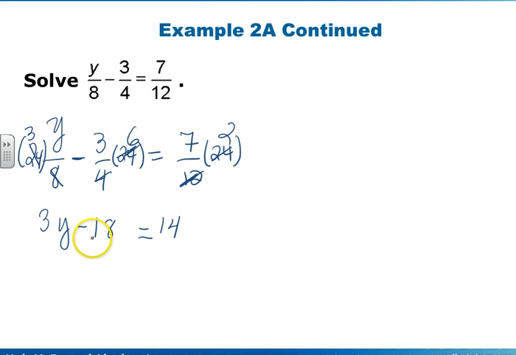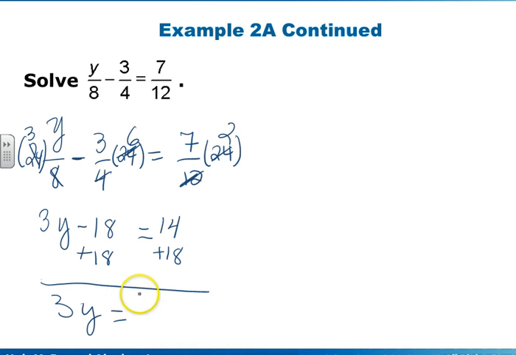From there, this becomes an easy two-step equation. We add 18 on both sides, and we have 3y is equal to 32. Then divide both sides by 3.